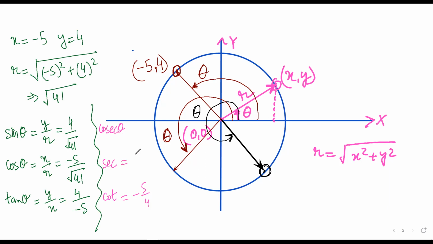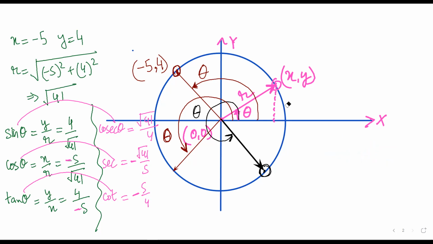And if you observe, this is what we were discussing in the beginning of the lecture, that the signs of sine and cosecant, of cos and secant, and tan and cot would remain the same. Do you see that? So if sine is positive, cosecant is positive. If cos is negative, then secant is negative. If tan is negative, cot also is negative. Any doubt till here? No.